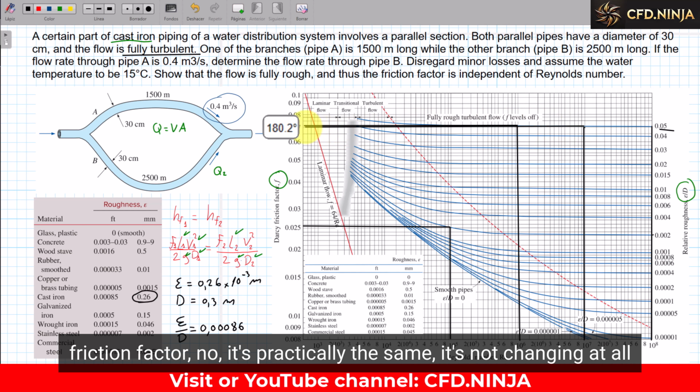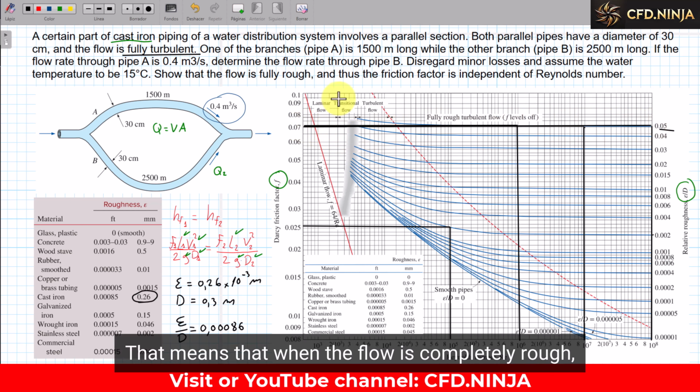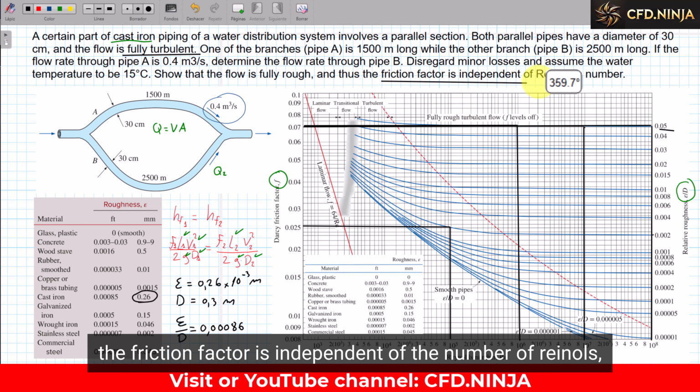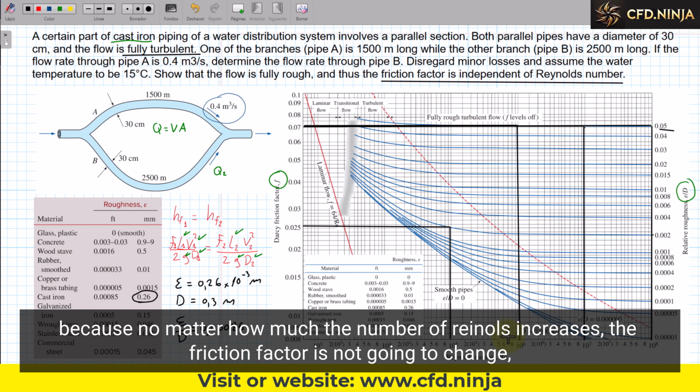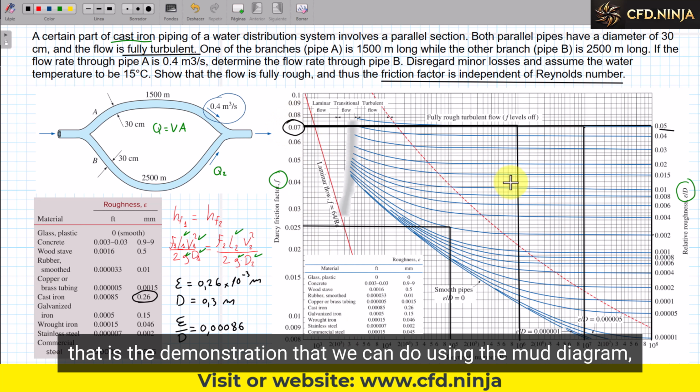It's practically the same. It's not changing at all. That means that when the flow is completely rough, the friction factor is independent of the Reynolds number, because no matter how much the Reynolds number increases, the friction factor is not going to change. That is the demonstration that we can do using the Moody diagram.